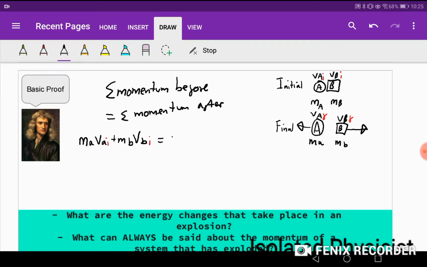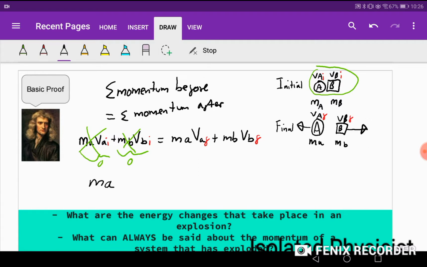And that equals MAVA plus MBVB, where that's a final velocity. Now, good thing here, we know that both objects are initially at rest. So we know that VAI and VBI are 0, so that term is 0, that term is 0.